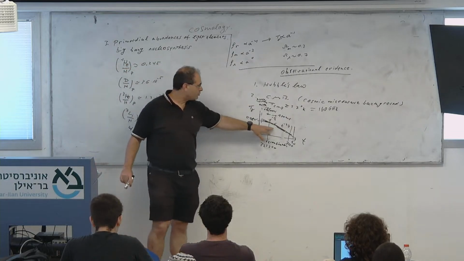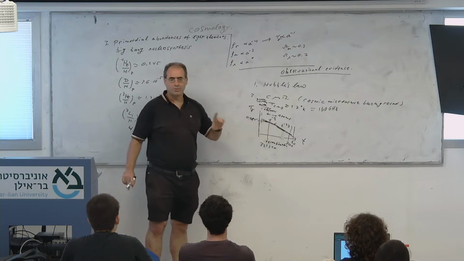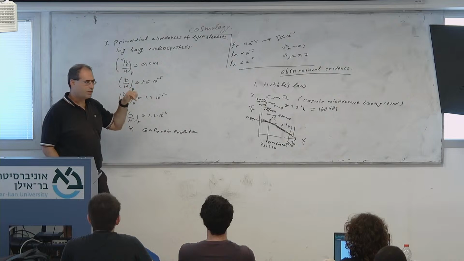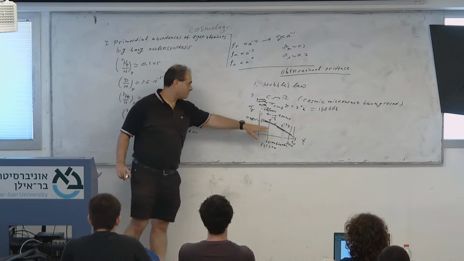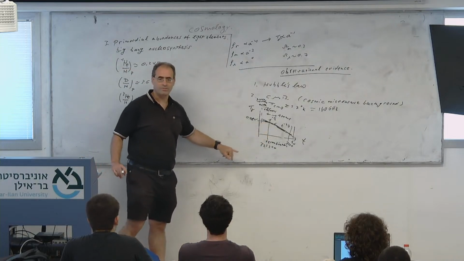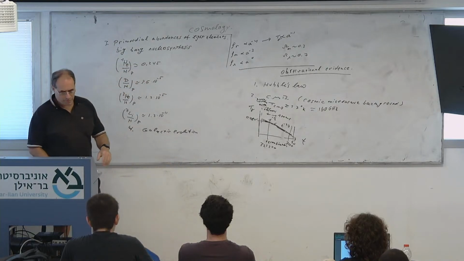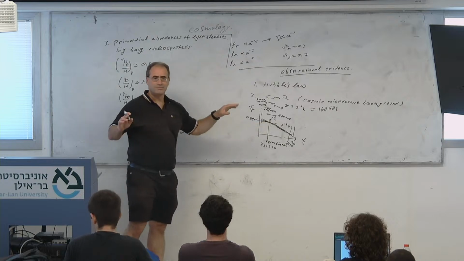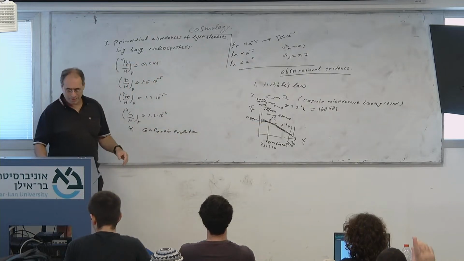Now there is what's called 21 centimeter cosmology, which is related to the flip of the spin. That's radio observations, and it's very promising, but there is still no data available. So I won't talk about that. That's to explore this region. So this is the dark ages.